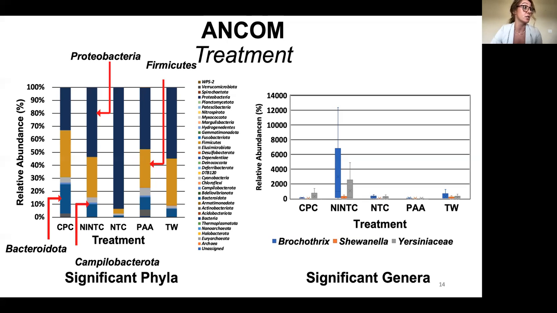And Shewanella genus includes over 70 species, some of which are indicative of food spoilage and cause microbially induced corrosion on steel surfaces. And the last one, Yersinia, is a gram-negative bacteria from the phylum of Proteobacteria that's been previously isolated from broiler chickens and has been associated with high resistance to antibiotics.